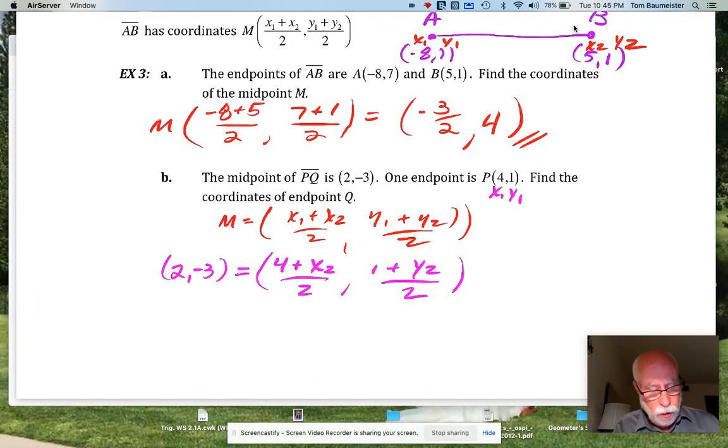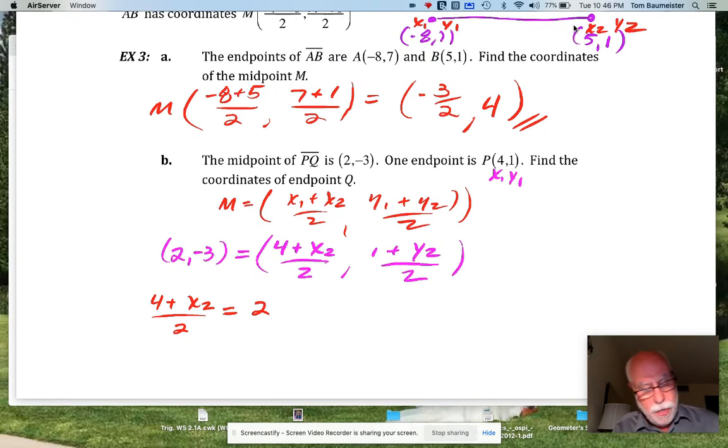All right. So remember, this here is your x value, and this is your x value. So knowing that, we can state that 4 plus x2 divided by 2 is equal to our x value of our midpoint, which is 2. Now we're just going to solve that for x2. Remember, this is a fraction bar, so I have to multiply both sides by 2.